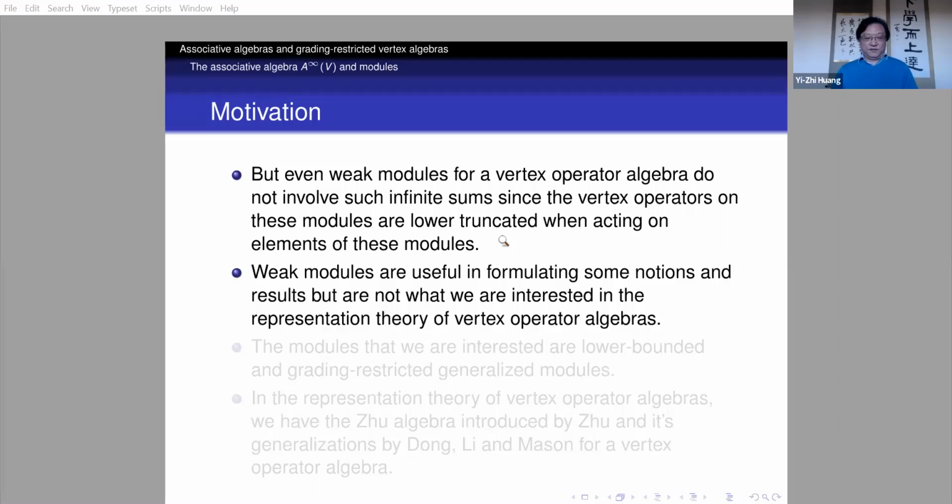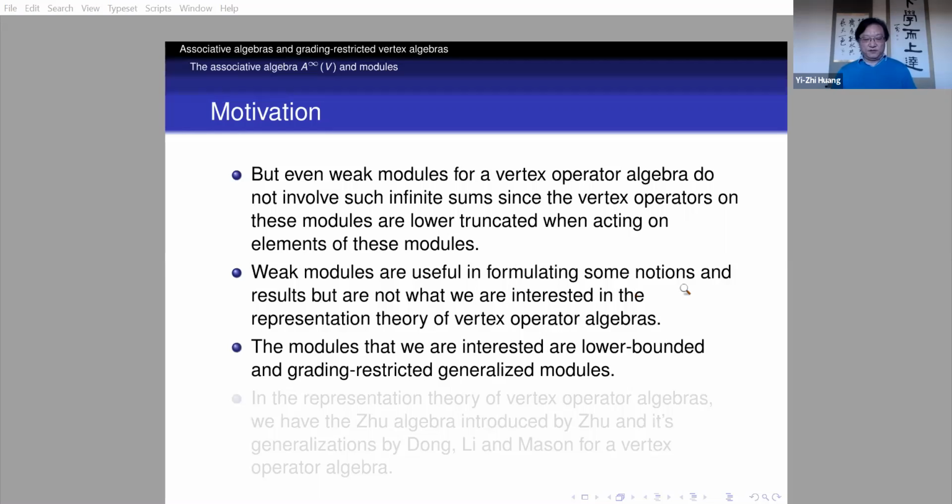And in vertex algebra, certainly we have weak modules, but we mainly use them to formulate some notions and results. These weak modules are not what we are interested in.